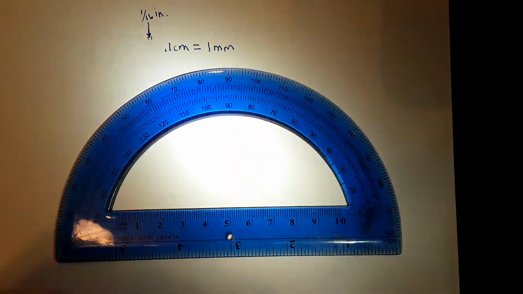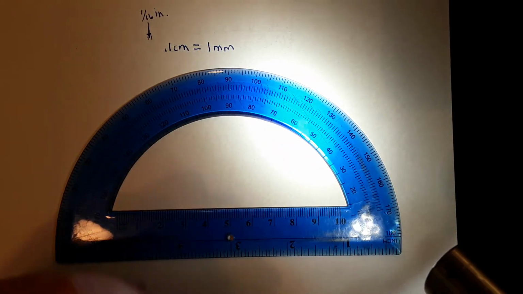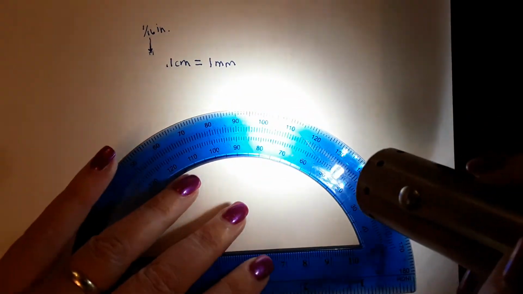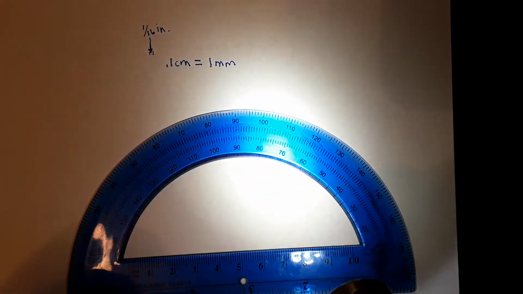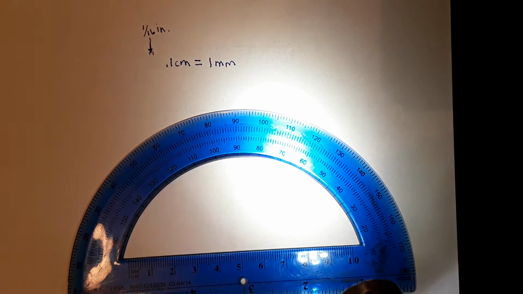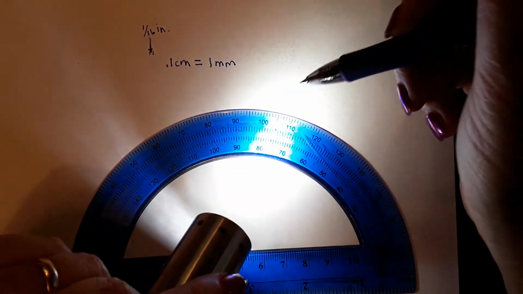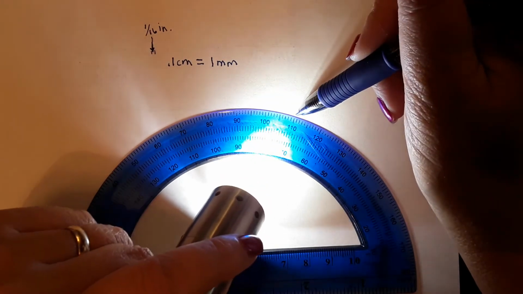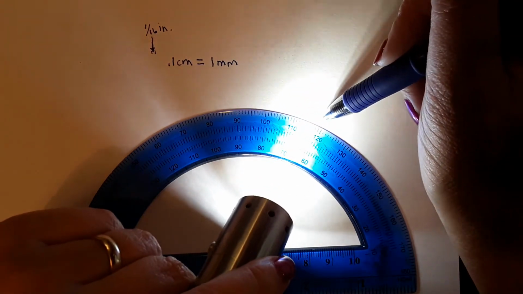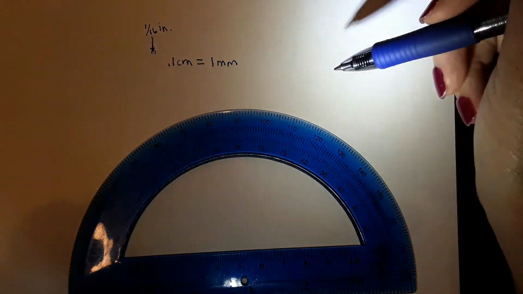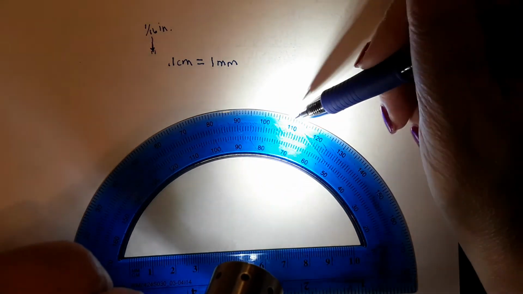Okay. So now, if you look, you guys know that a protractor measures degrees of arc. And in this case, if we look at the degrees of arc, I'm going to go between 110 and 120 right here. I'm sorry for my shaking. Those are my tremors.